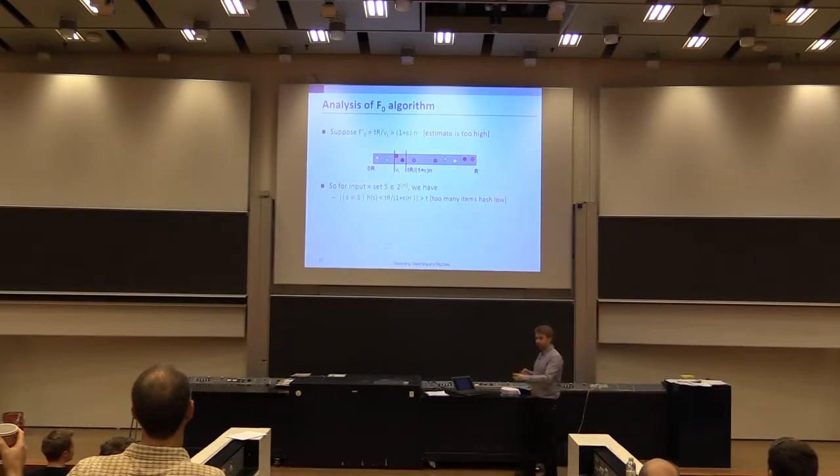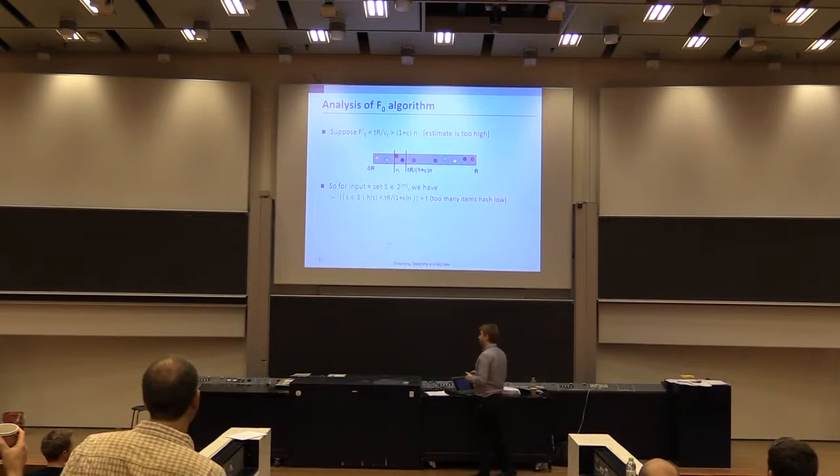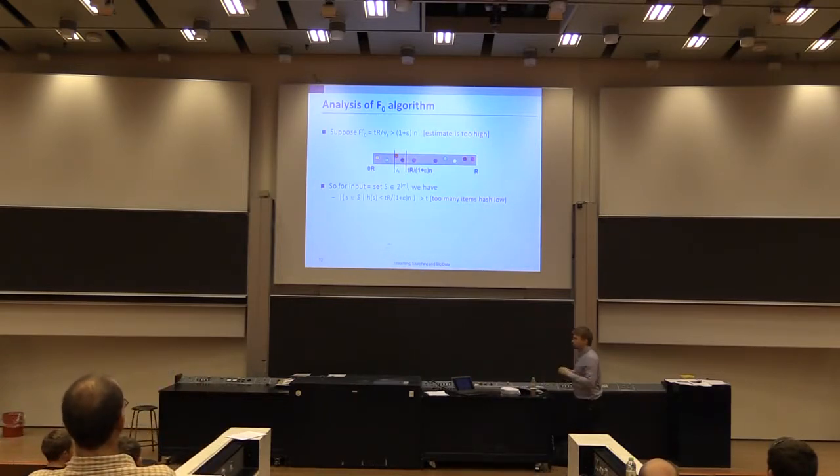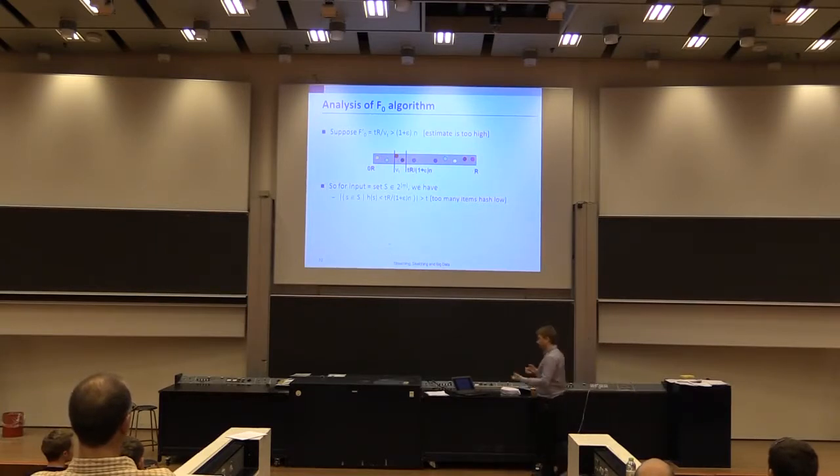For each element individually, it's slightly unlikely to hash too low. And by the fact that we're repeating this for many elements, we're going to be very unlucky if so many of them hash to a low value.